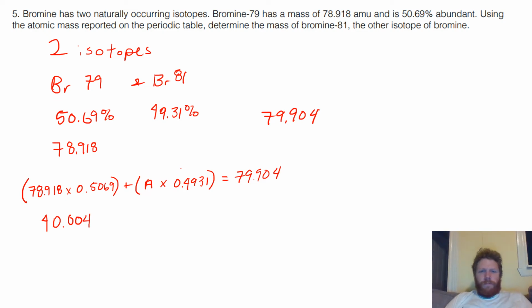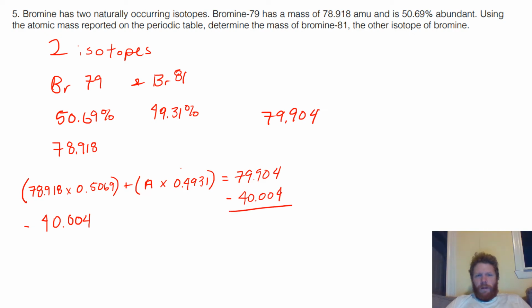Now with that number, I'm going to subtract it from each side of the equation. So 40.004. Whenever I subtract it from each side of the equation, that's gone, and now I'm left with 39.900, which is equal to A times 0.4931.